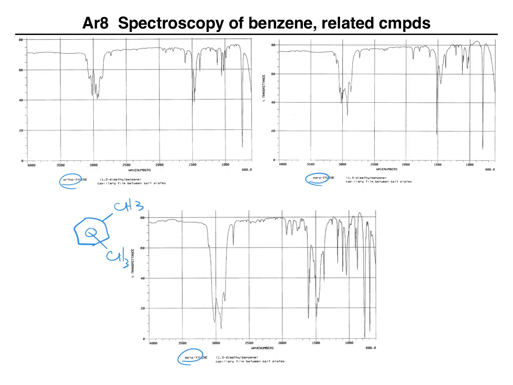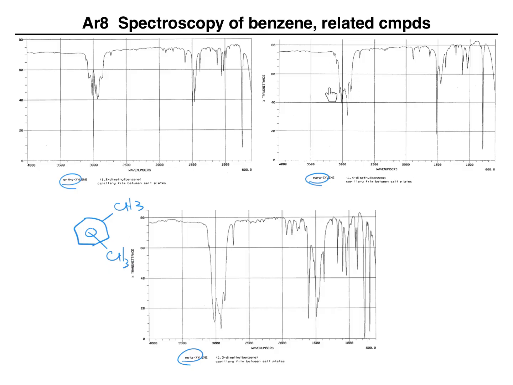We also have, this is 1500, so we have a signal at 1500 and 1600. So they're different in energy. They tend to be sharp, but not necessarily the same strength. These correspond to the aromatic carbon-carbon bonds. Here we have our 1500 is a lot stronger, our 1600 is pretty weak, but in this one, our 1500 and 1600 are about the same strength.